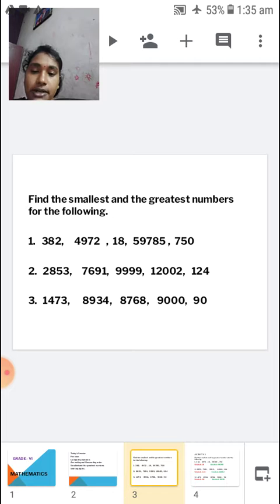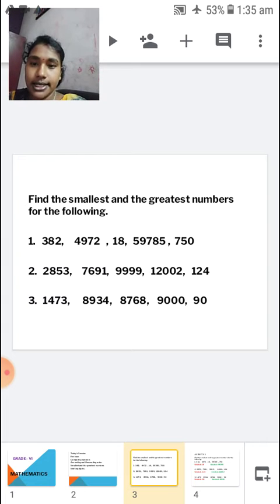The third question we have 1473, 8934, 8768, 9000, and last we have 90.